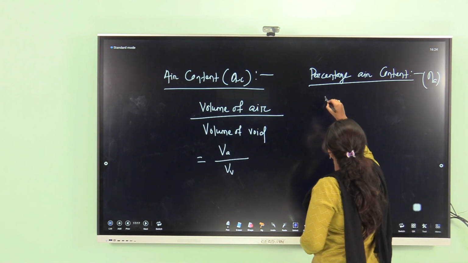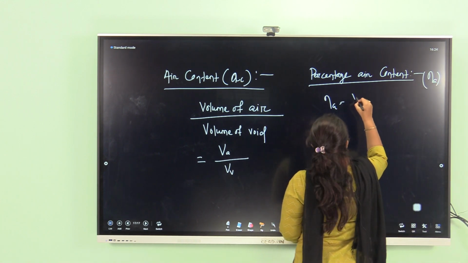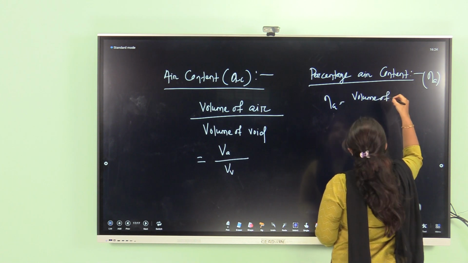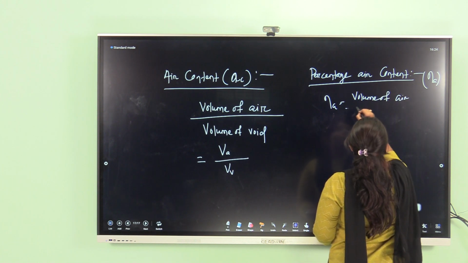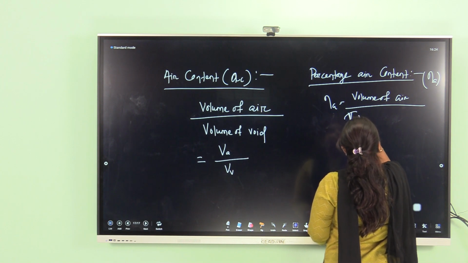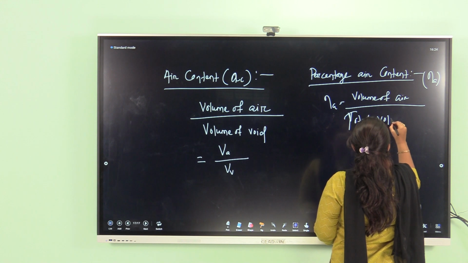Okay. na equals to volume of air upon total volume.